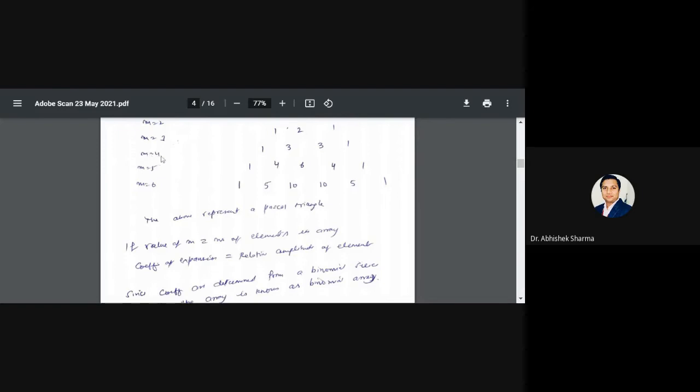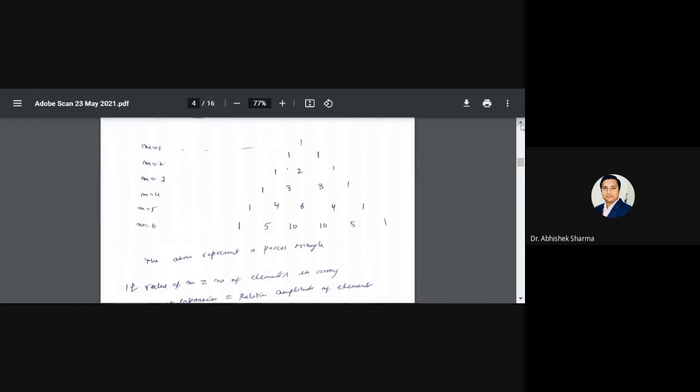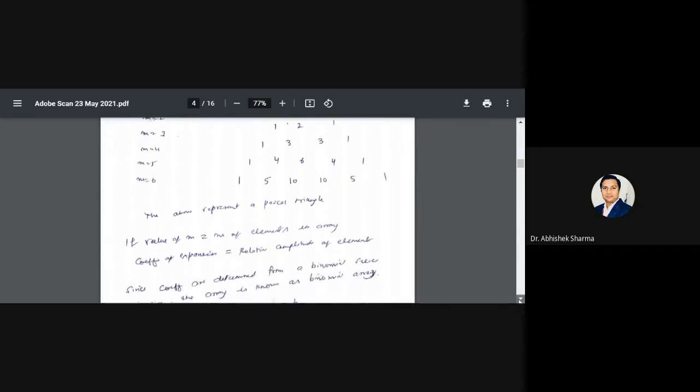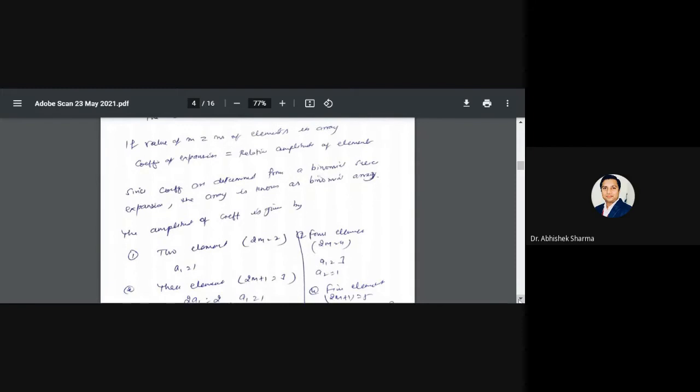If here m is the number of array elements, then these coefficients of expansion will give you the relative amplitudes of the elements, that is a1, a2, a3 up to an. So from this Pascal triangle we will find out the values of a's. Now how will we find out this? Like this.